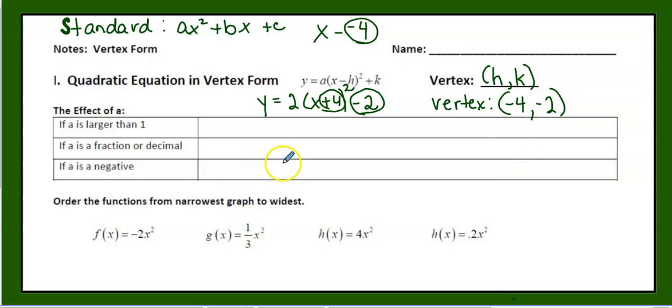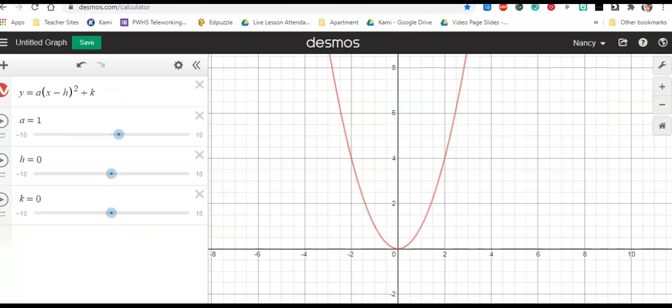Okay, so when we're talking about transformations, a couple things. One thing we look at is the a value right here. And I want to take you over to Desmos and show you something. Okay, so you don't have to go to Desmos. I just want you to look at this.